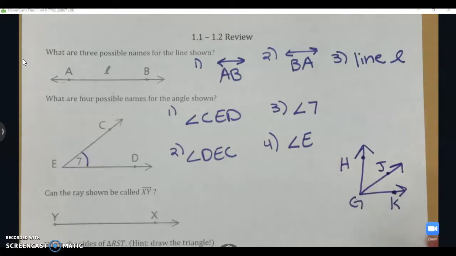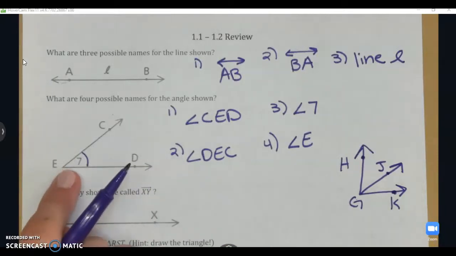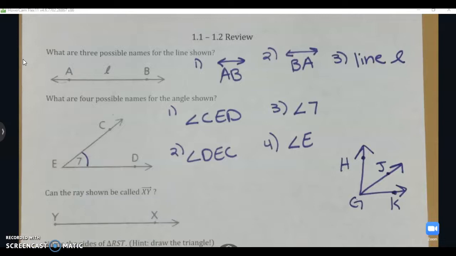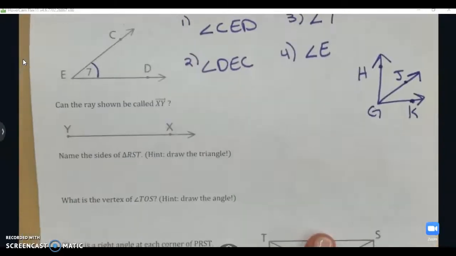There are three different angles that have vertex G, so I can't just call it G. But on this one, I don't share this vertex with any other angles, so if I call it angle E, you absolutely know which angle I'm talking about. The reason we name these parts and pieces of geometry is so in a diagram you know exactly what we're referring to.